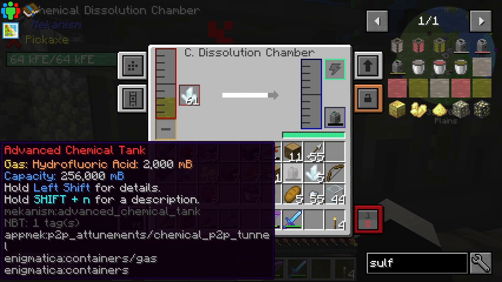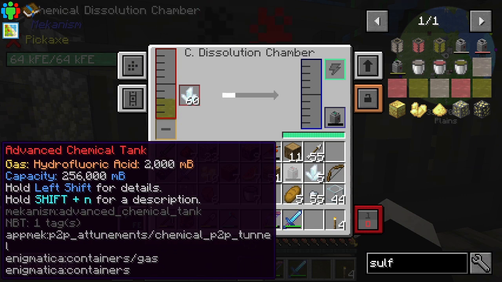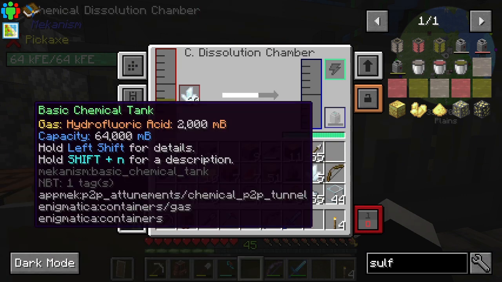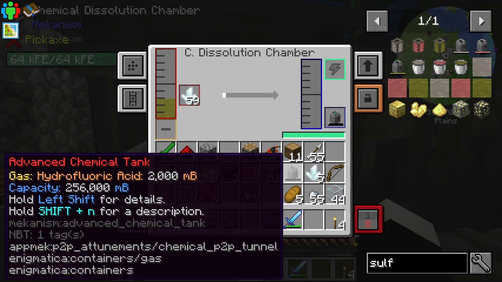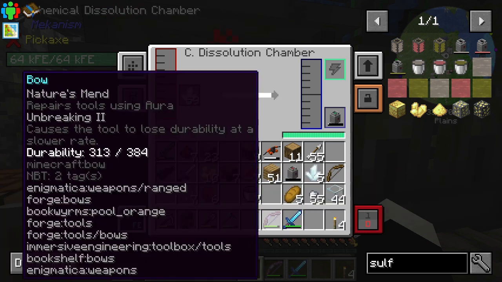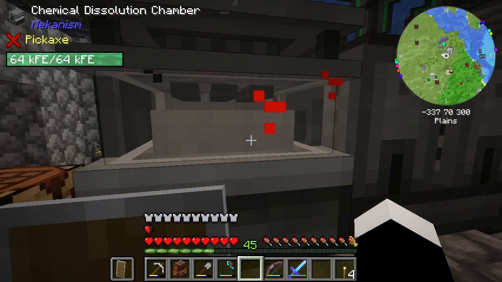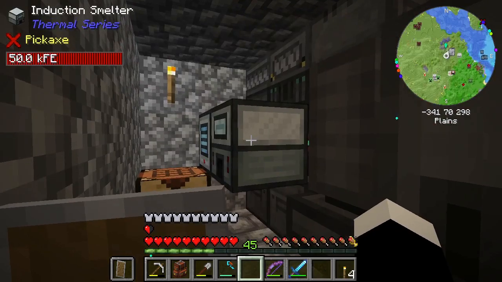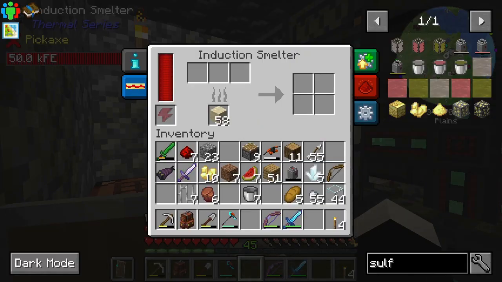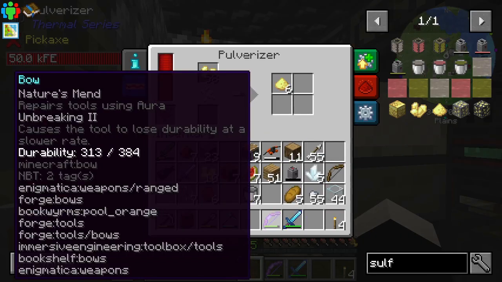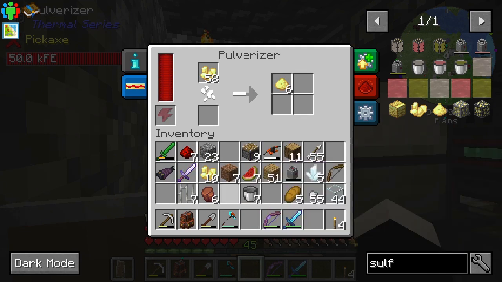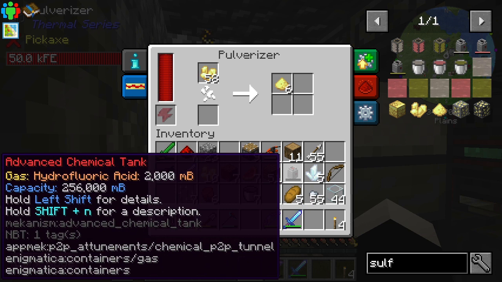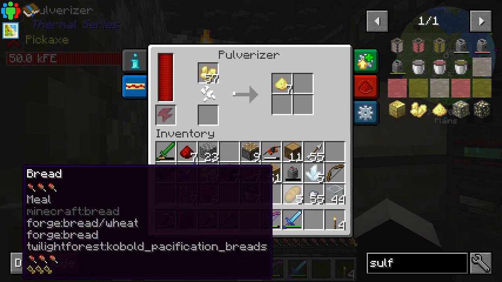Alright, but don't worry, there's a way of transferring the contents of one tank to another, which I've been using to, well, get these free advanced chemical tanks from the rewards that I get off quests. So we'll come back to the next stage of this when I've finished making hydrofluoric acid.